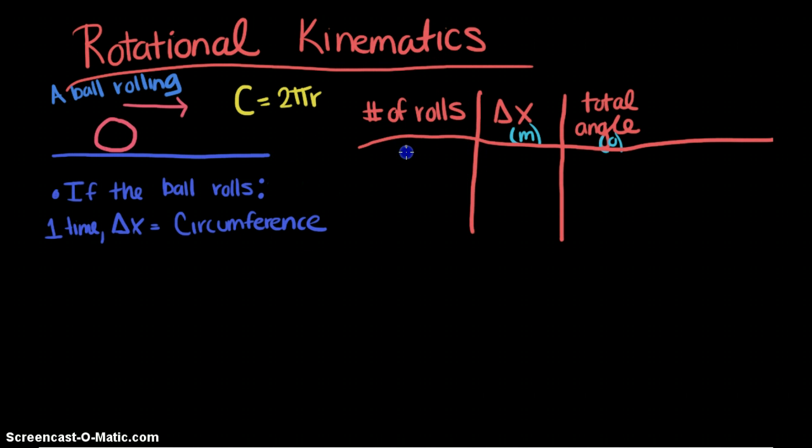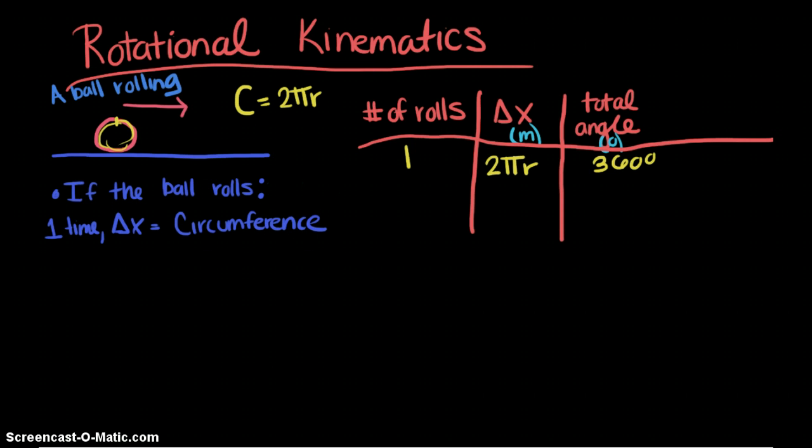So if I have one roll, the delta x is equal to 2 pi r. And the total angle here would be 360 degrees. One full rotation all the way around is 360 degrees.